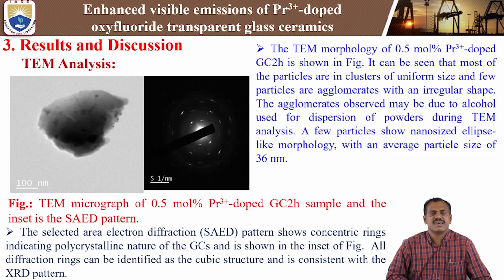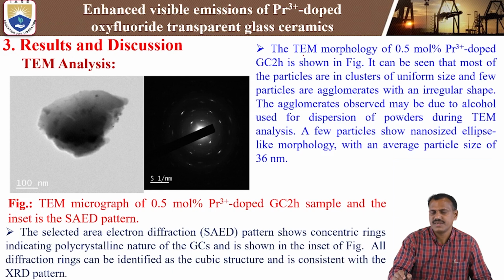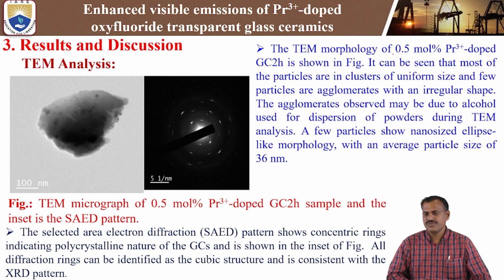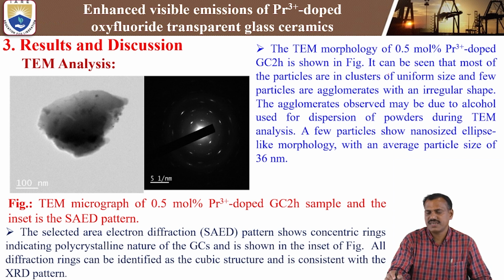Next, coming to the TEM analysis. In TEM analysis we use morphology as a measurement. In morphology analysis we can know the exact crystal size. In XRD we measure theoretically; here, experimentally, we find what the exact crystal size and particle size are. Using transmission electron microscopy of the 0.5 mole percent praseodymium 3 plus doped glass ceramic, it can be seen that most of the particles are in clusters.